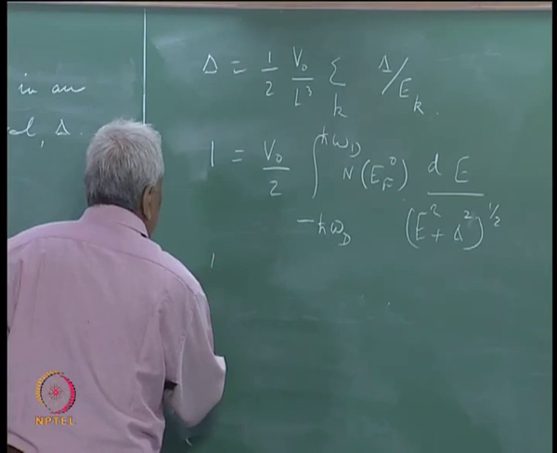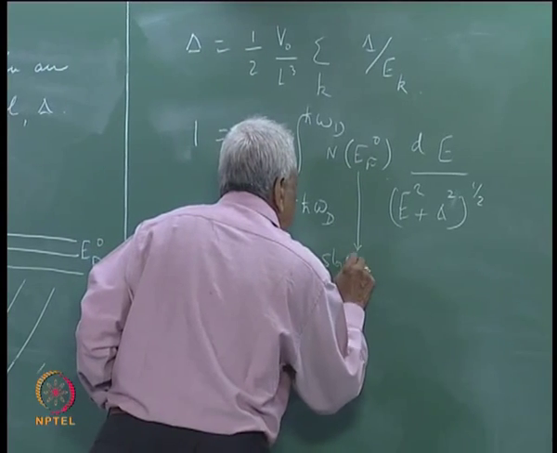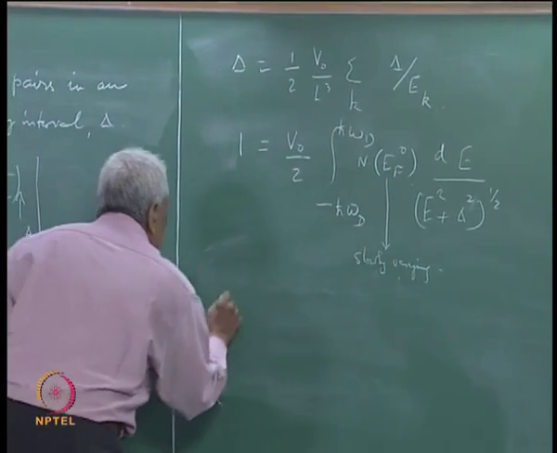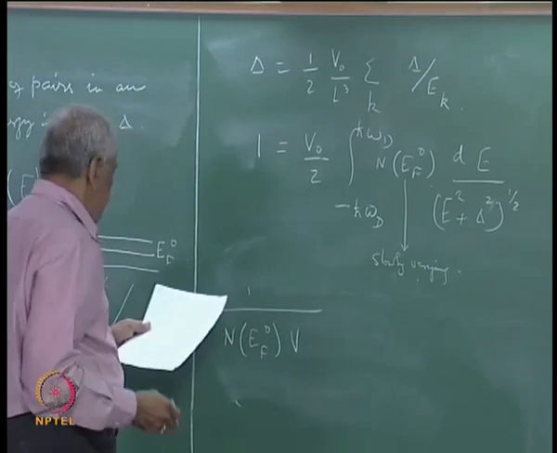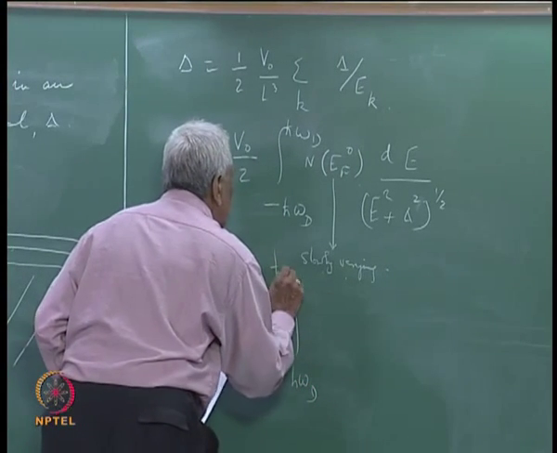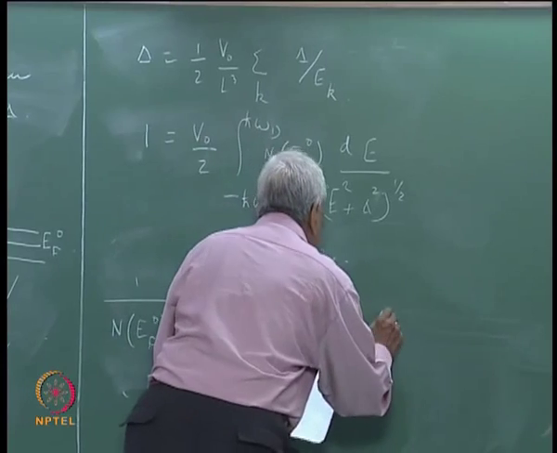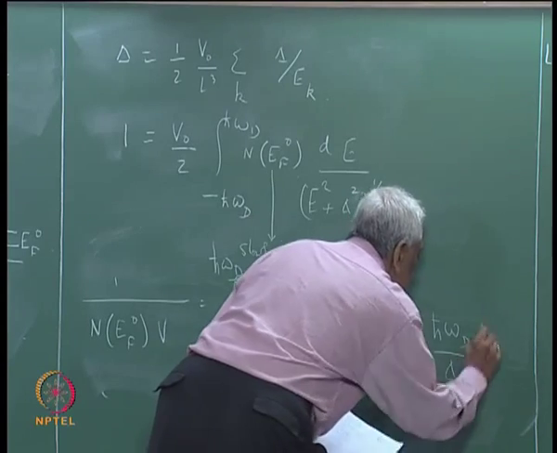Therefore, we get, if the density of states is slowly varying with respect to energy, then we can factor it out of the integral and write 1 by n of E f 0 V equals integral from minus h cross omega d to plus h cross omega d of d E by E square plus delta square to the power half, which integral is known to be sinh inverse of h cross omega d by delta.